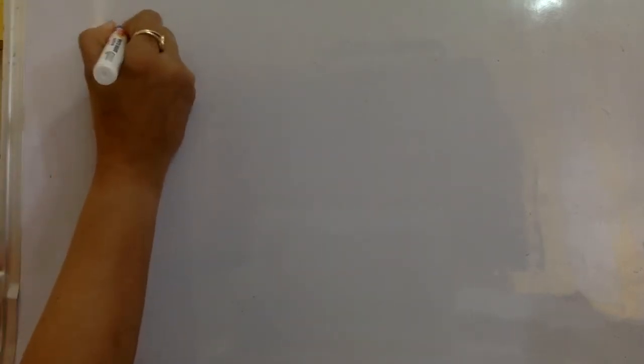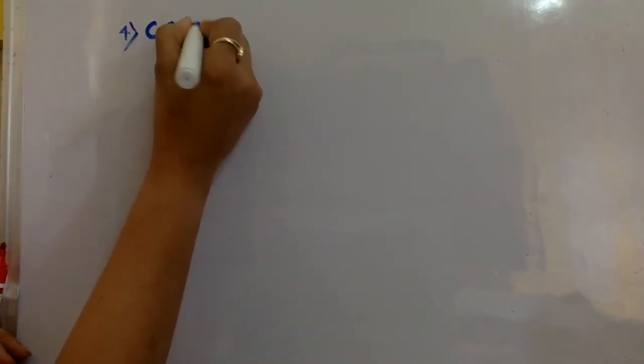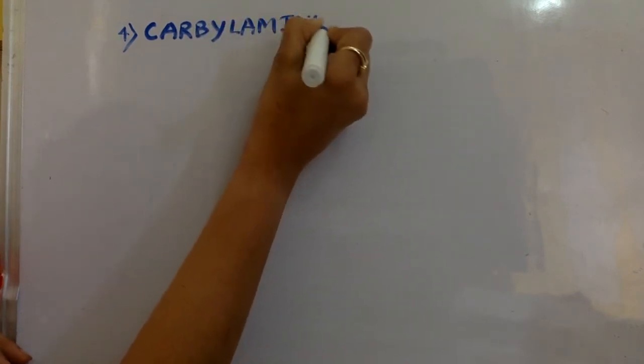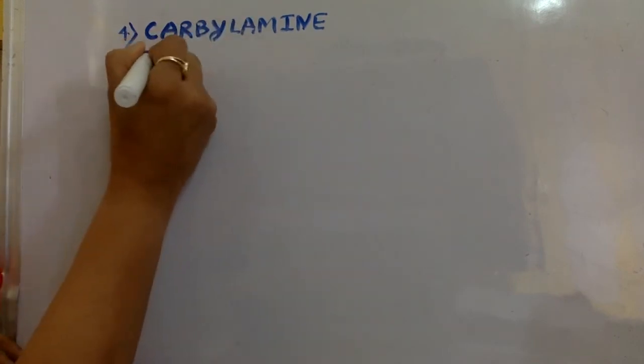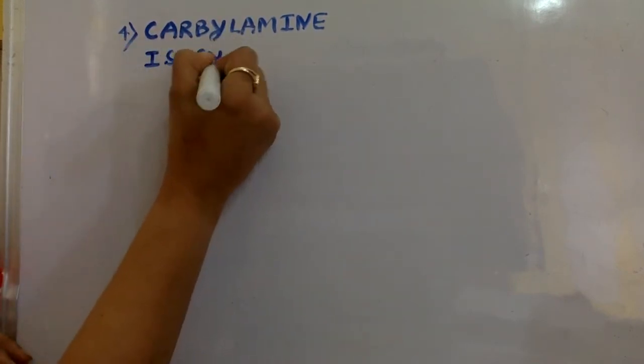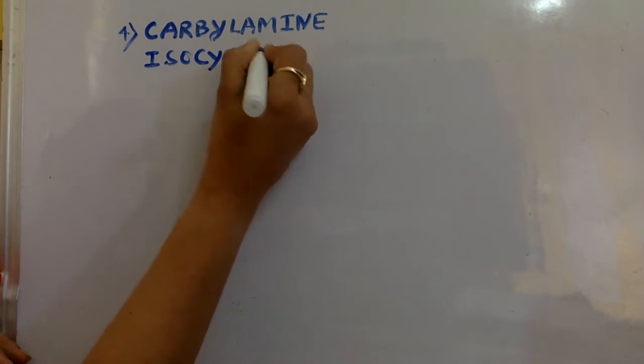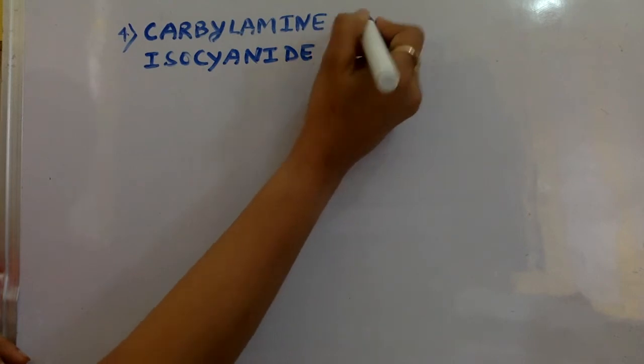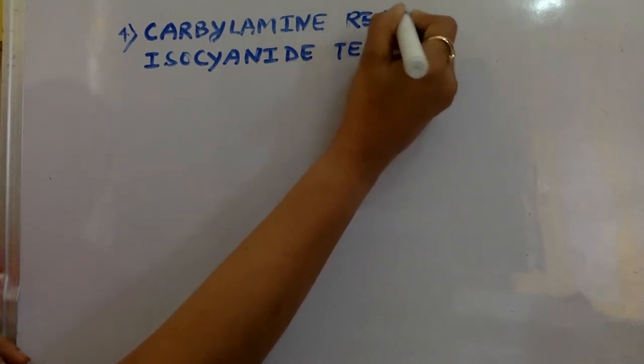Next chemical property is the carbylamine reaction, that is the isocyanide test. The next chemical property, carbylamine reaction, which is also called the isocyanide test or the carbylamine reaction.